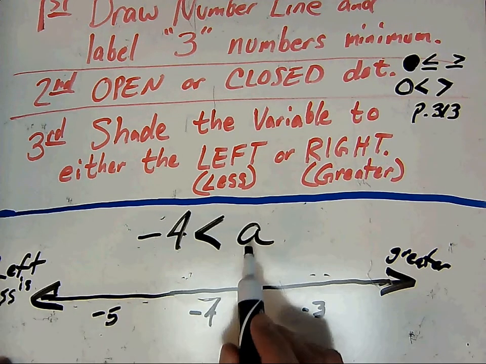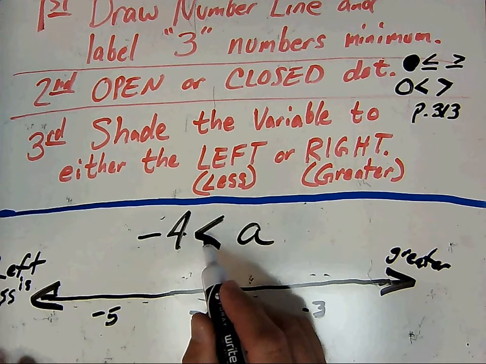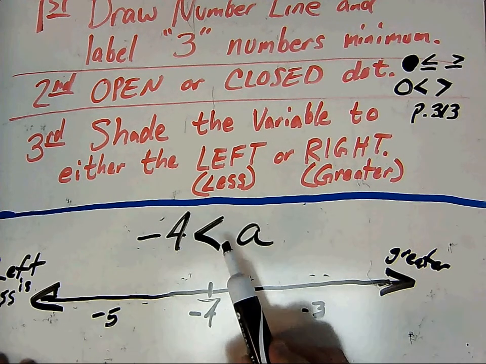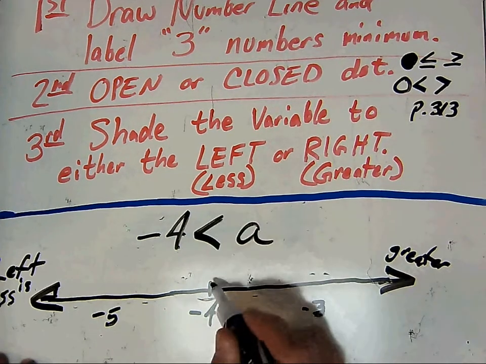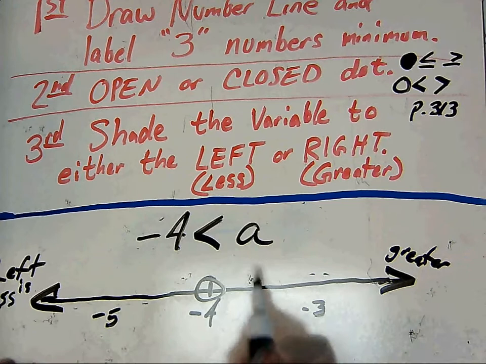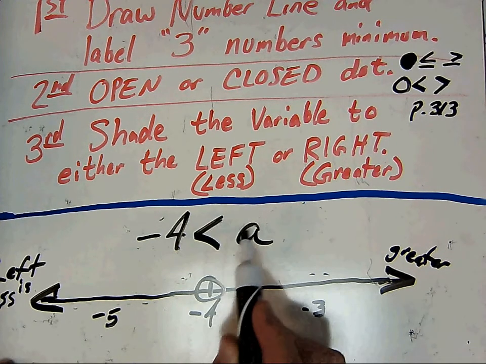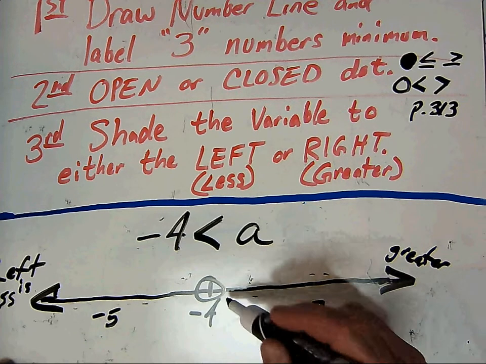It's the a, this variable, that you want to shade. So first it's going to be open, because it's just a less than. You put an open circle on the line, not above it, not below it, right on the line. But a is what you're shading. It's open to the a, so the a is big, so it's greater. So you're going to shade this way.